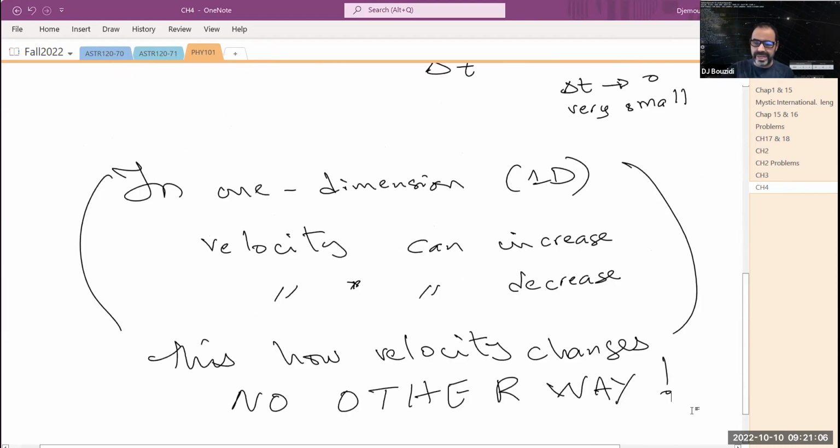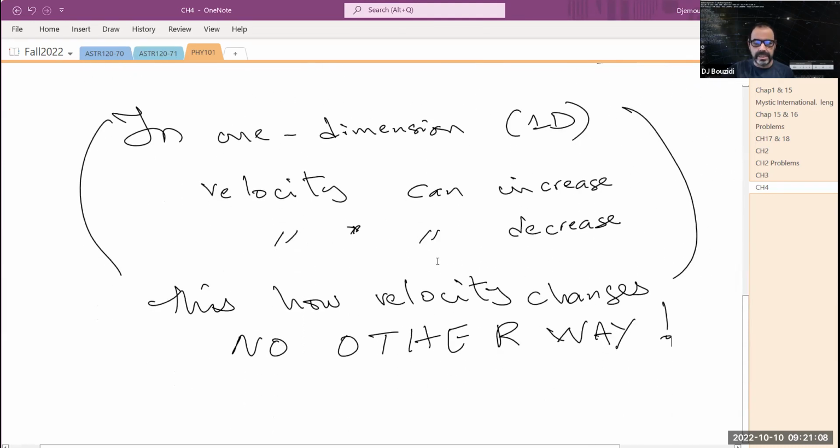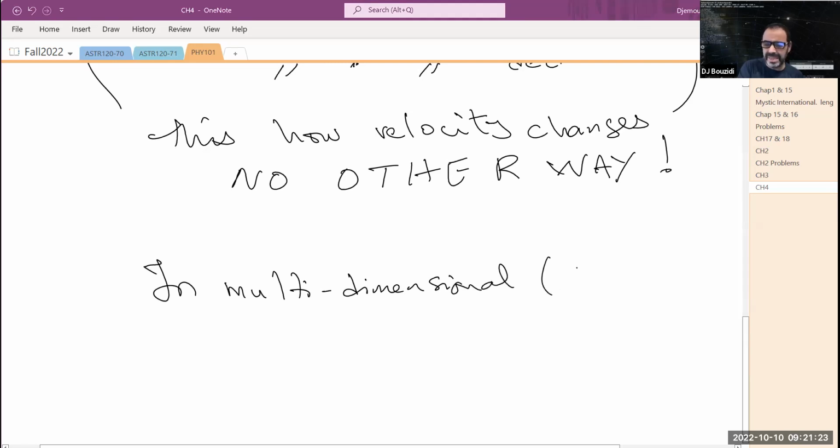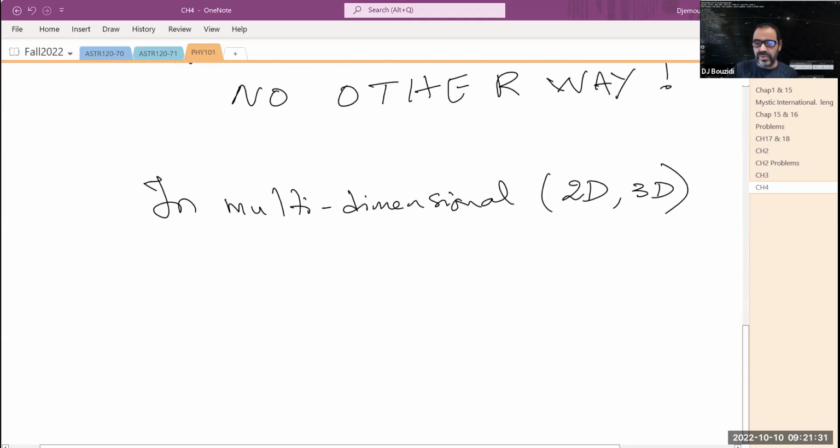However, in more than 1D, we have another possibility. So this is in 1D. In multidimensional motion, I mean either 2D or 3D, okay, so that's really what I mean by it. So there are actually many ways for the velocity to change.